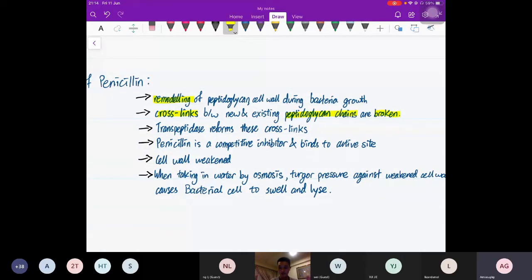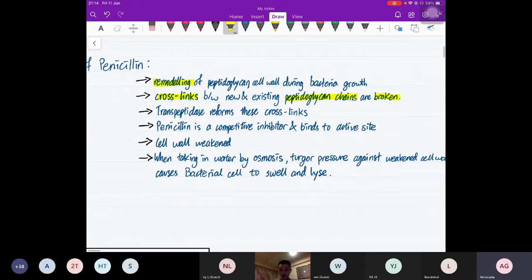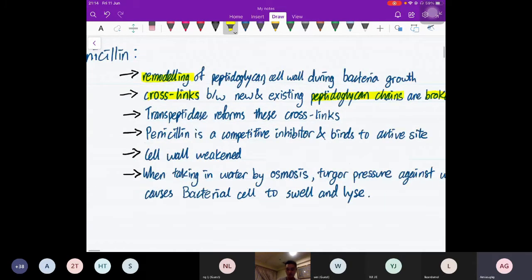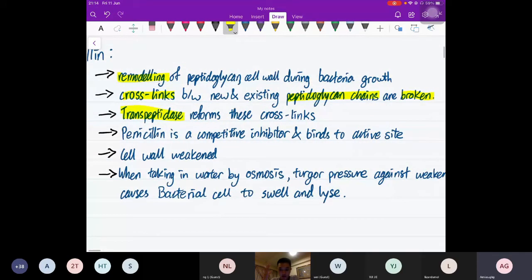So the theory behind it is it has to break, then it has to reform. Transpeptidase, this is an enzyme because of the ASE at the back of the word. Transpeptidase is the one that reforms these crosslinks. If we recap, all enzymes have an active site. So transpeptidase has an active site.